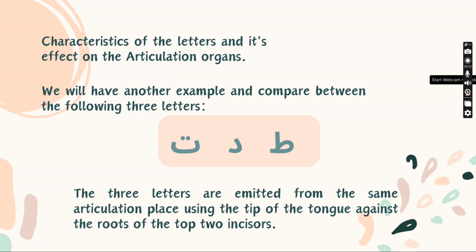Okay? طرف اللسان, we say طرف اللسان, the tip of the tongue, مع أصول الثنايا العليا, with the roots of the top two incisors. Okay? Where the roots of both upper two teeth. So let us just have a look here.